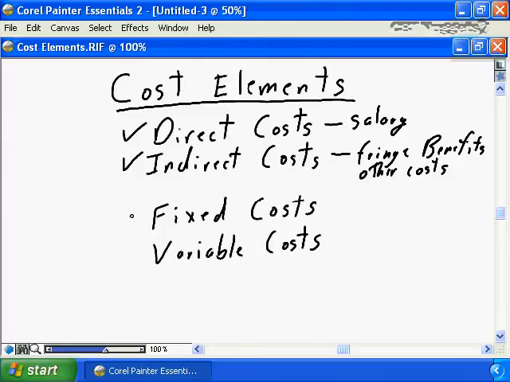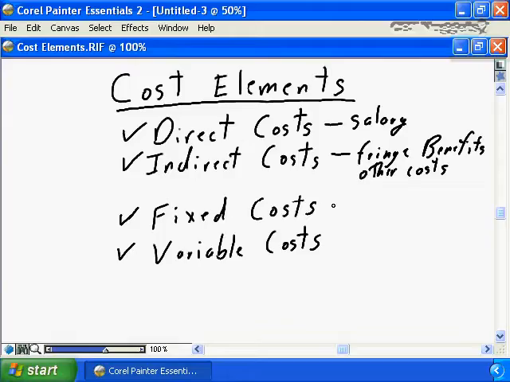Another consideration when you're working on cost elements are fixed costs versus variable costs. A fixed cost is going to cost you a unit to have a certain X. That may be a resource, that may be a material, that may be equipment available to your project.